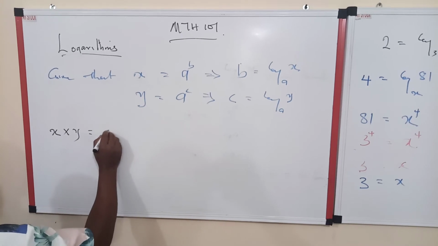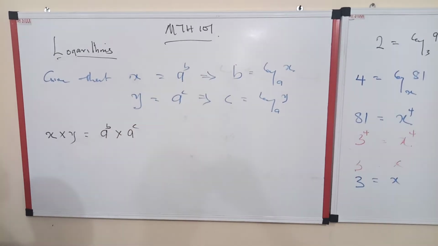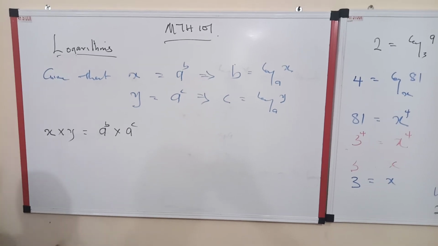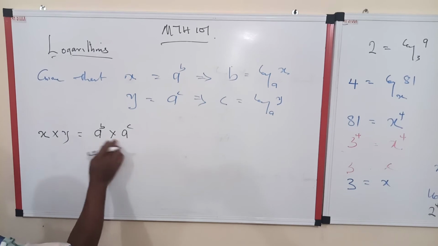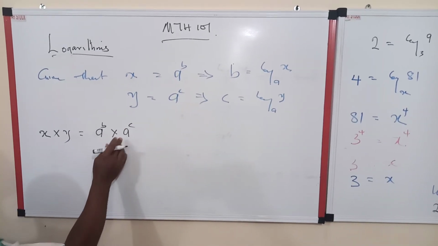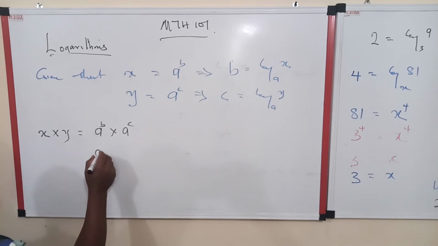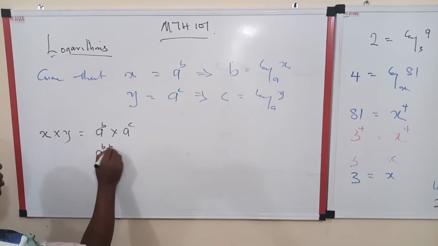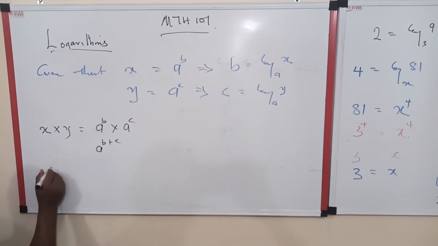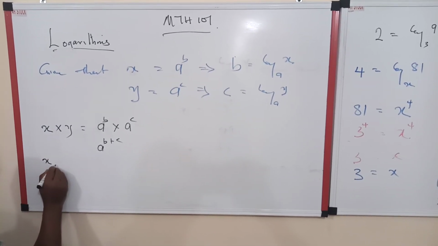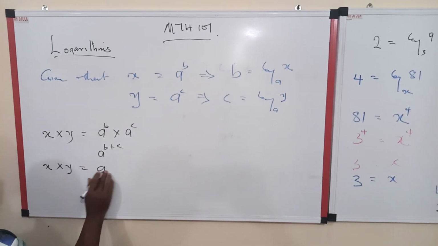This implies we have A raised to power B times A raised to power C. Now from our laws of indices, when the bases are the same and the operator in between is multiplication, we take one of the bases, which is A, then add the powers. This we have also learned. So we have B plus C, meaning that our expression is x times y is equal to A raised to power B plus C.